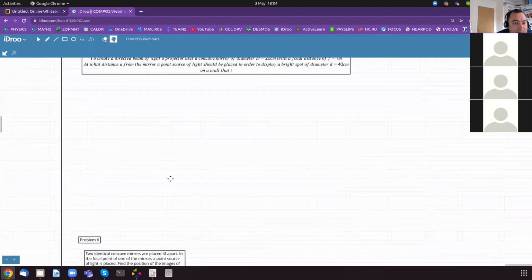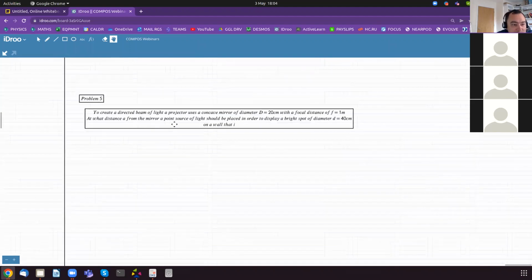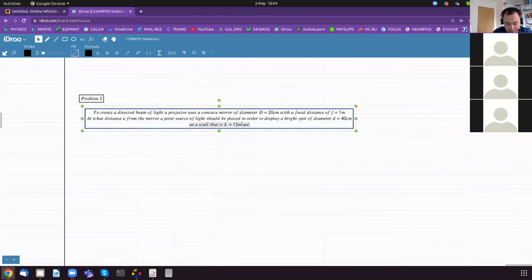And has problem. What is it for mirror point source A? Well, that is L equals 12 meters away from the mirror. Okay, that should work, hopefully.